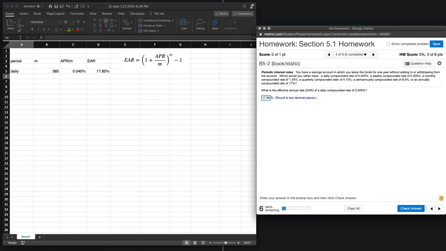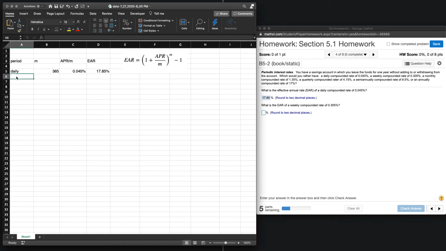Okay. So now next we're moving on to weekly. So again, we can sort of complete our table here. So we're going to deal with weekly. So if it's going to be compounded every week in 1 year, it's going to be 52 weeks, right? Again, they've given us our periodic interest rate for a weekly. So the weekly compound here, 0.035%. Okay.